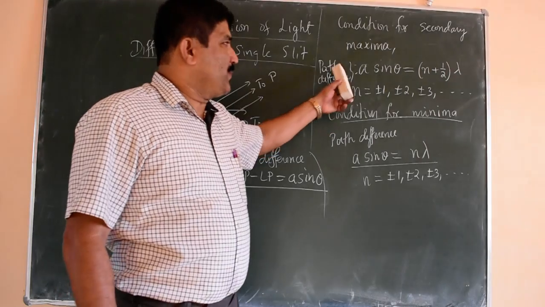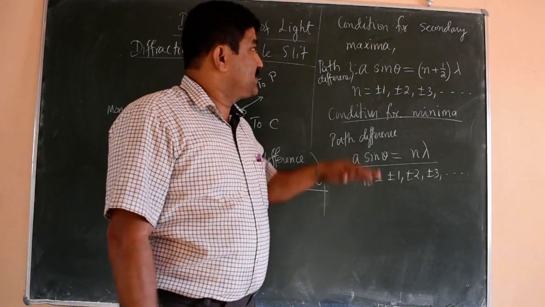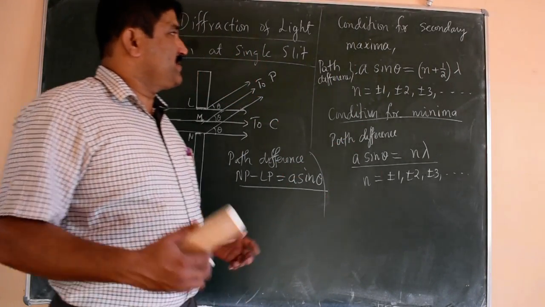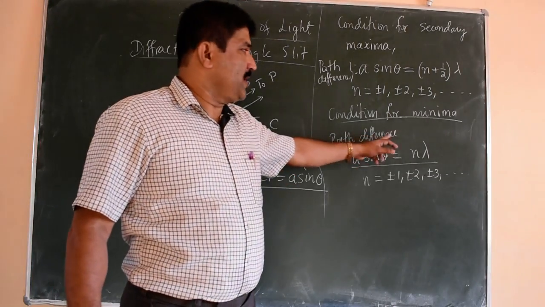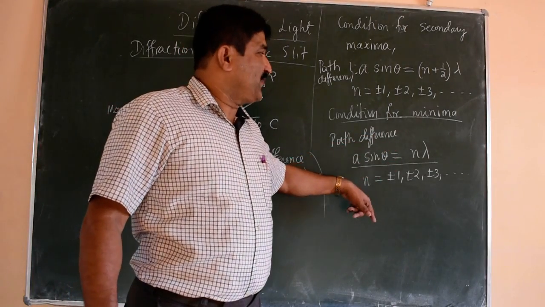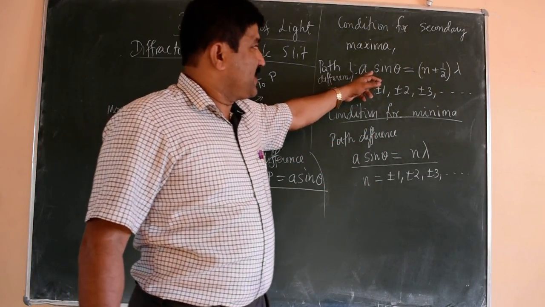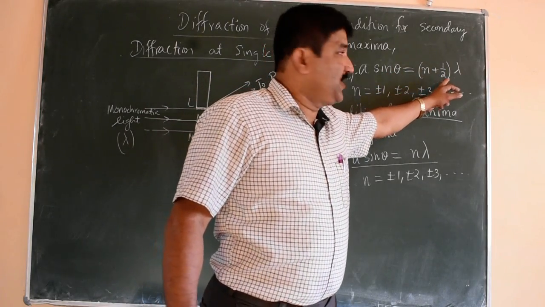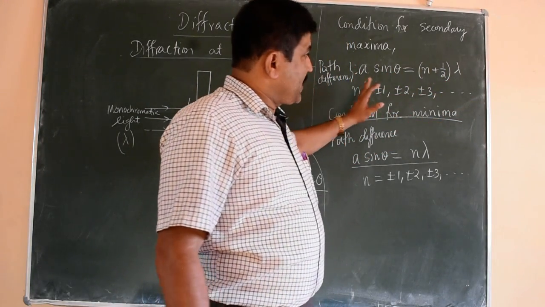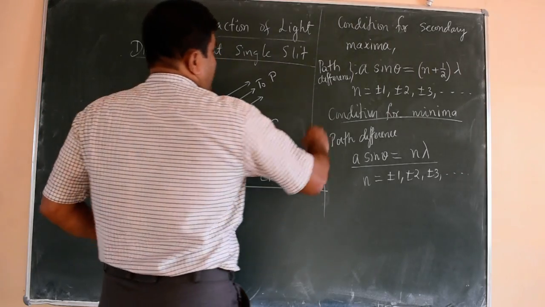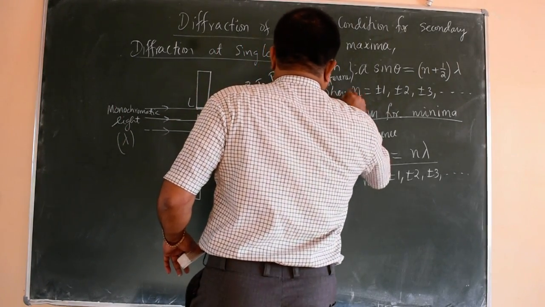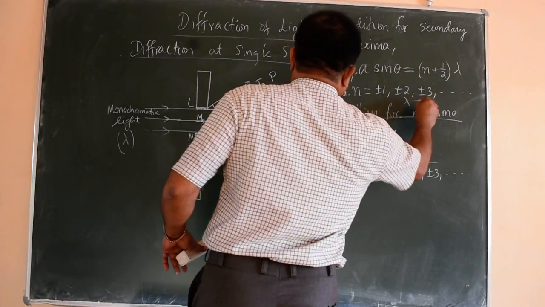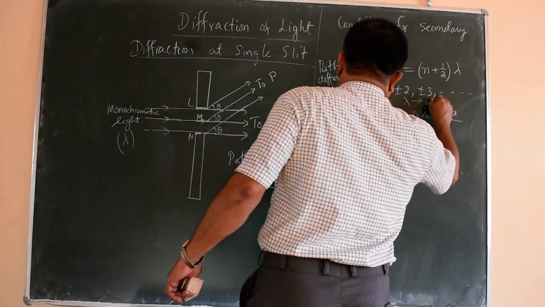So these are two important things in this part: the conditions for secondary maxima and the condition for minima in diffraction. Path difference a sin theta equals n plus half into lambda, where you compulsorily have to write the n value and also what lambda is.